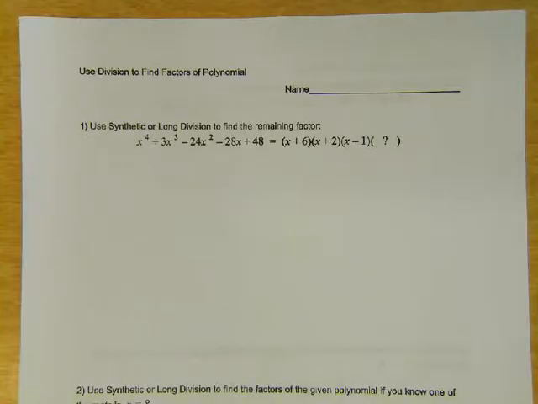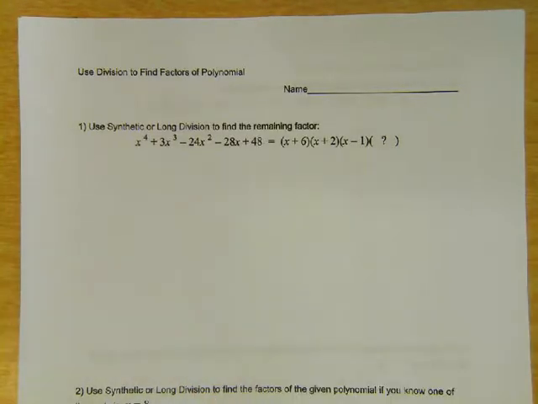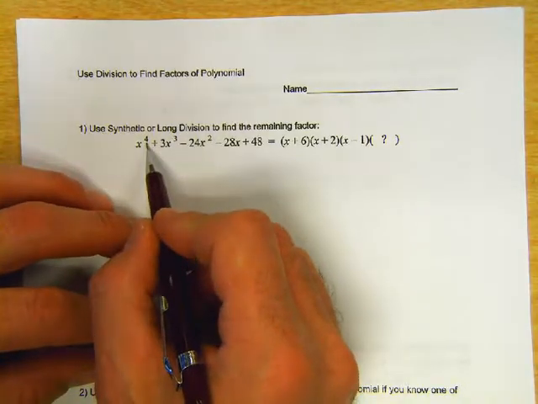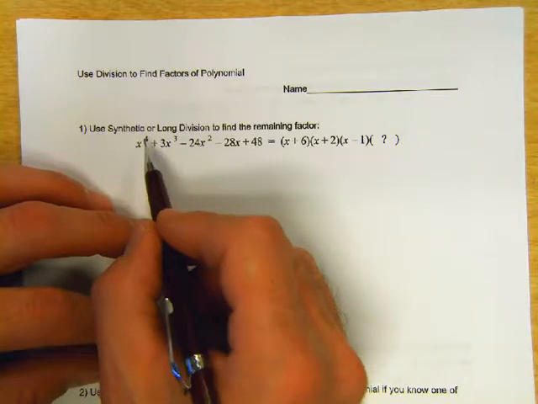So here we go. We want to use synthetic or long division to find the missing or remaining factor. On one side of this equation, we have a quartic polynomial with 5 terms.